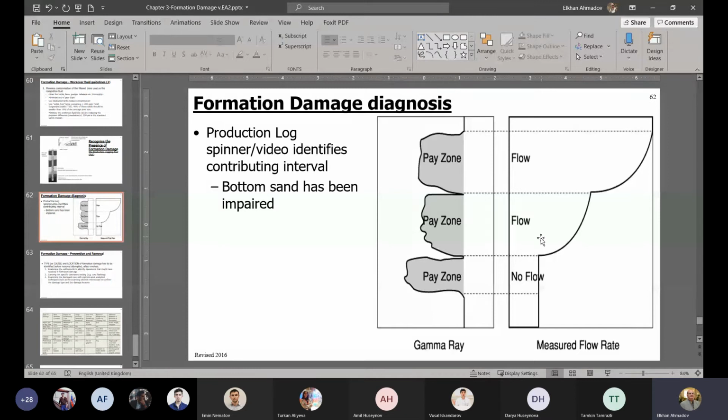When it's here, it's seeing a larger part of the flow, so the contribution is increasing. And at this point, it starts seeing even more flow, therefore it's increasing even more. So every flow into the wellbore will increase the spinner velocity.